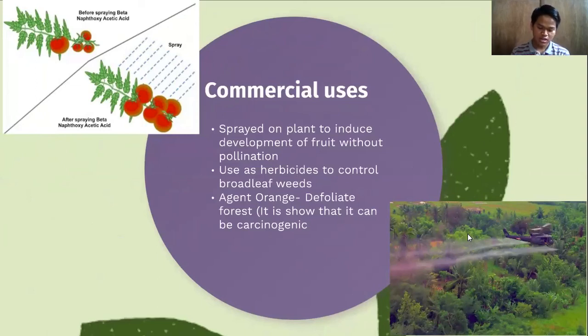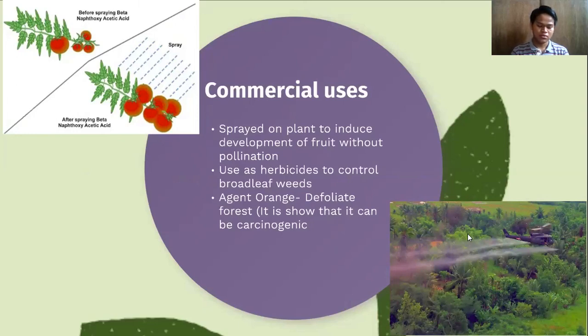One of the synthetic or common auxins that is always used commercially is indoleacetic acid, which is IAA. We usually use this auxin to develop fruit without pollination. Next, auxins can also be used as herbicide to control broadleaf weeds.